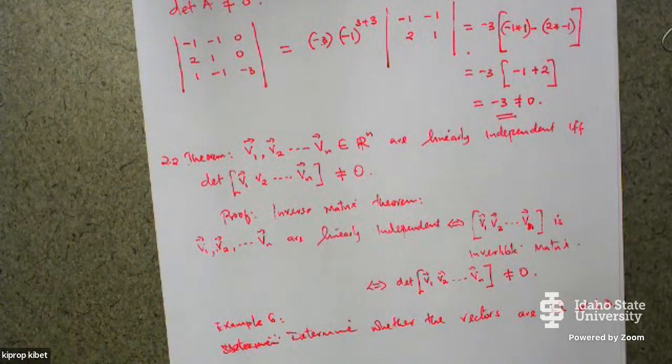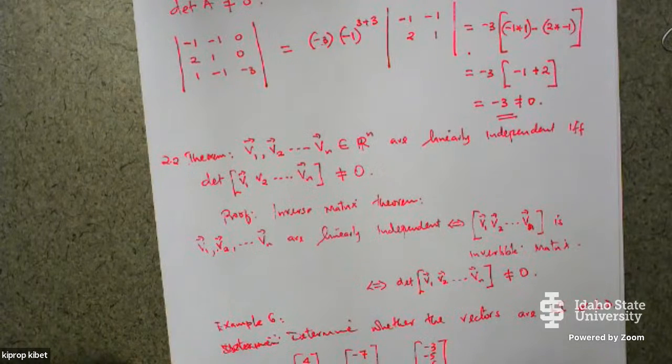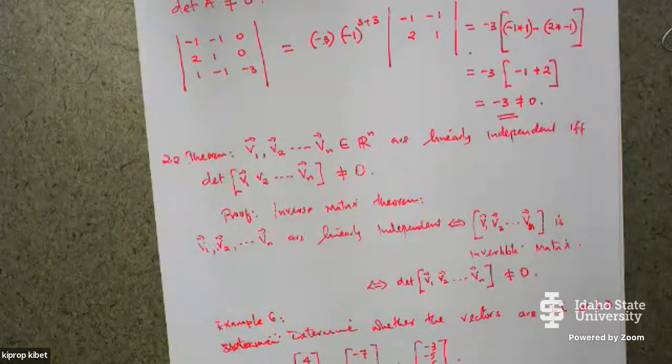The vectors are (4, 6, -7), (-7, 0, 2), and (-3, -5, 6). So determine whether those vectors are linearly independent.